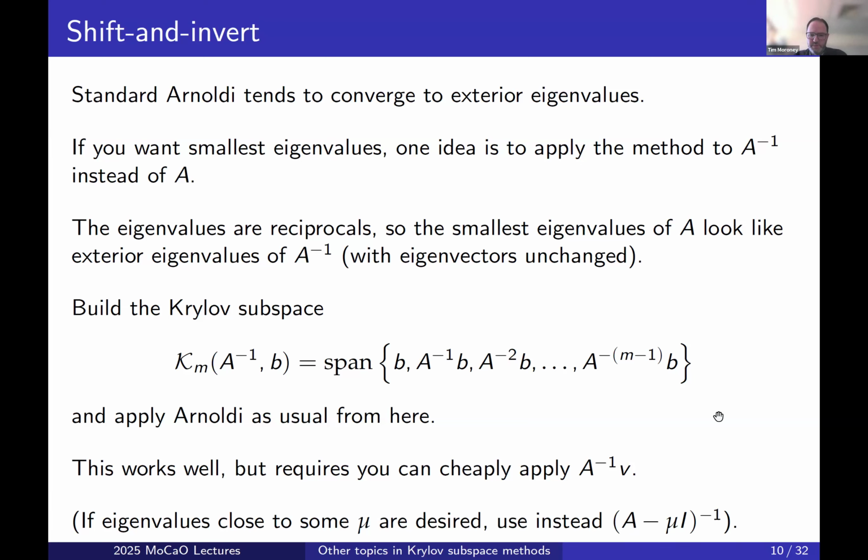So if you know you're looking for eigenvalues around some mu, then you'd use this shifted inverse. Shifted inverse power method or shift-invert Arnoldi gets you what you need there, provided you can manage these solves.